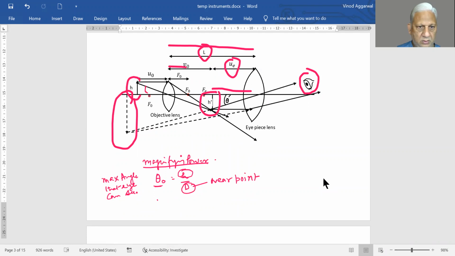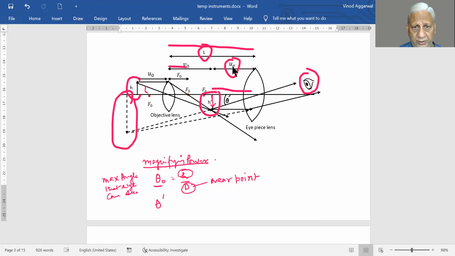Now theta dash is this particular angle. This height is the image which is actually formed, over this distance.